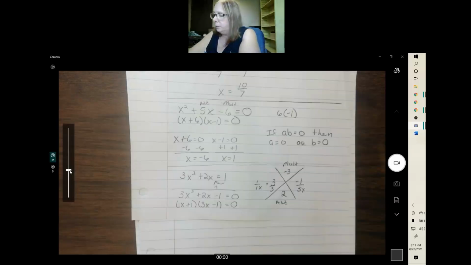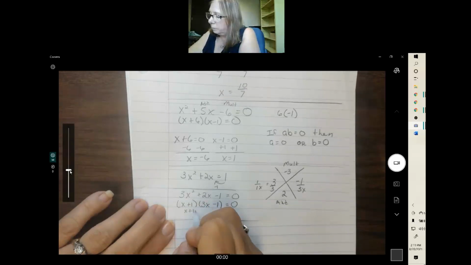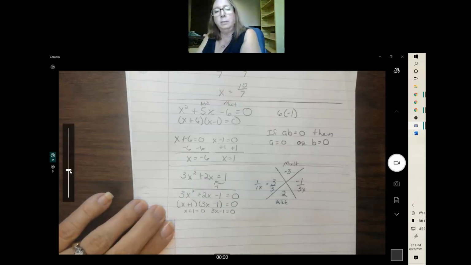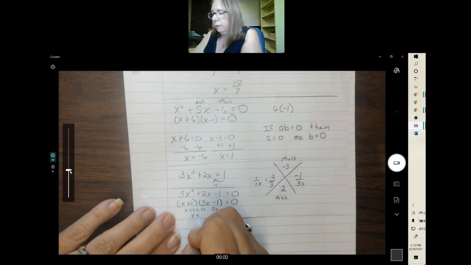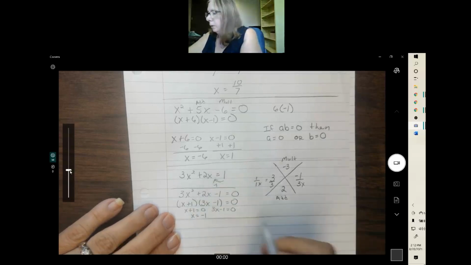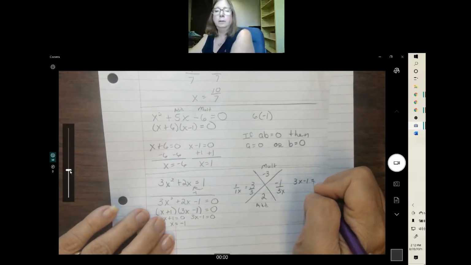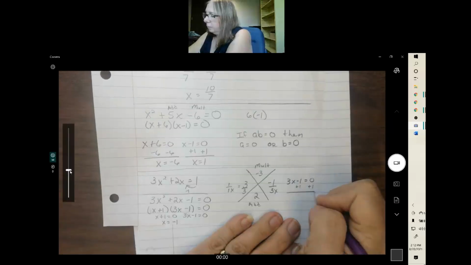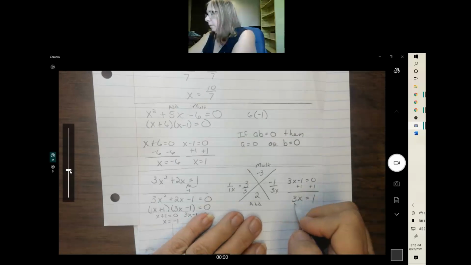And then set each of them equal to 0 and solve. This one, we subtract 1 and get negative 1. This one, we need to add the 1 and then divide by 3.